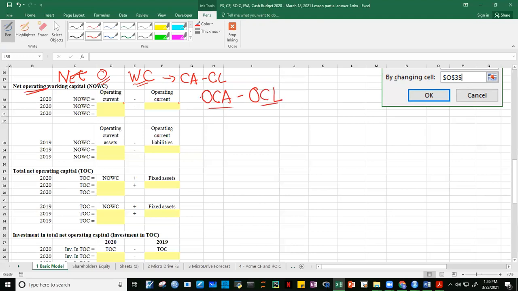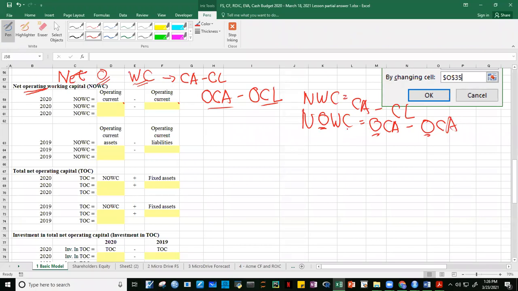Okay, so that's what we mean by net operating working capital. Again, guys, if it's only net working capital, it's current assets minus current liabilities. If it's net operating working capital, it becomes operating current assets minus operating current liabilities.